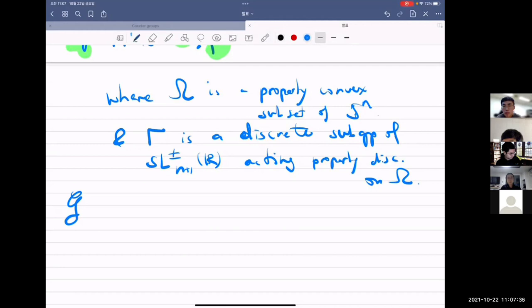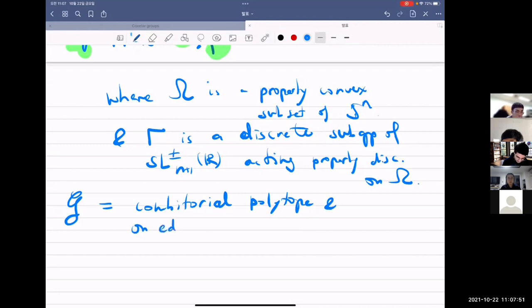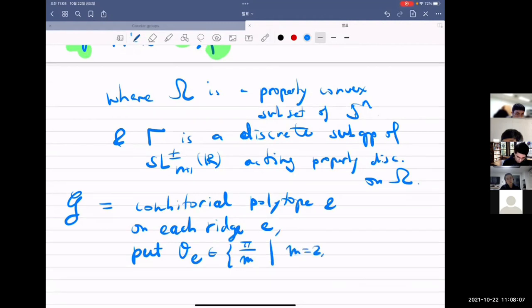So look at G. G is what I denote as a combinatorial polytope together with a ridge labeling. On each ridge E, I put theta_E, which is pi over m, where m is 2, 3, and so on, or infinity.